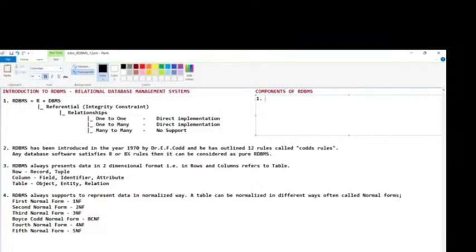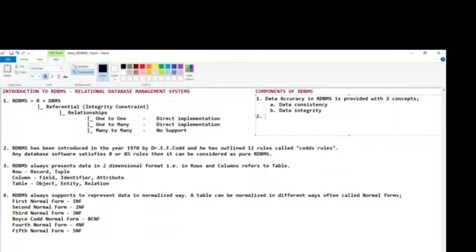Data accuracy in RDBMS is provided with two concepts: data consistency and, second, data integrity.